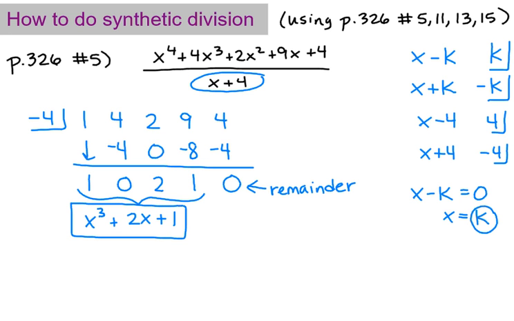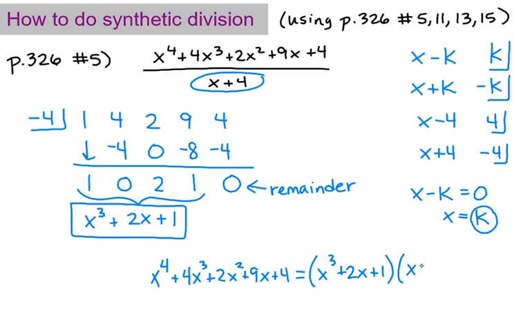Now there's one other piece of information we get out of this. Because it went in evenly and our remainder was 0, we know that our original quartic expression, which was x to the 4th plus 4x cubed plus 2x squared plus 9x plus 4, actually factors into x cubed plus 2x plus 1 times x plus 4.